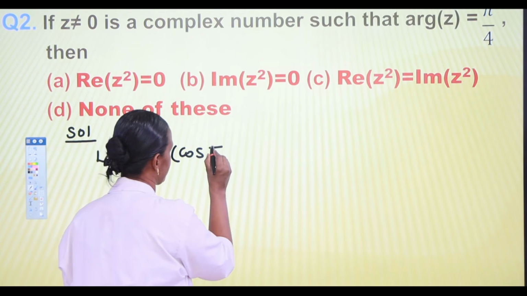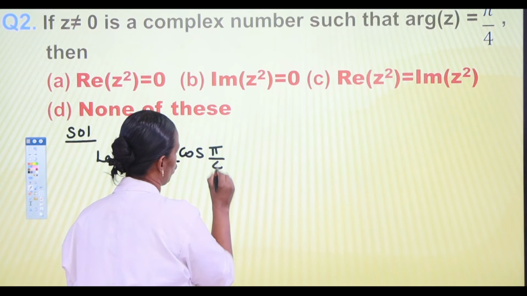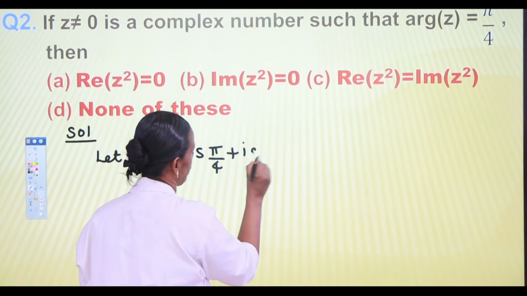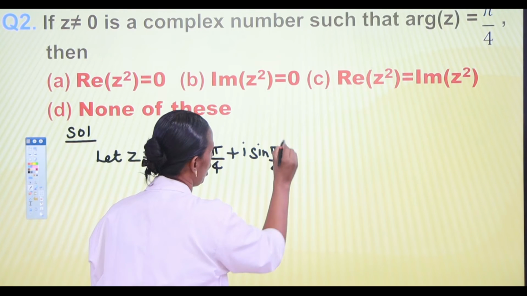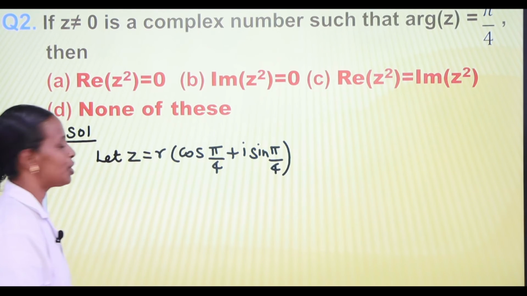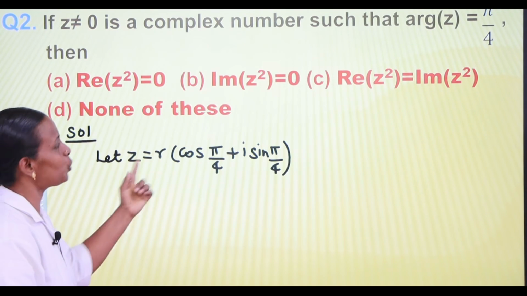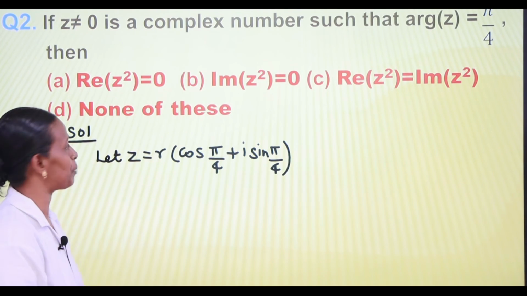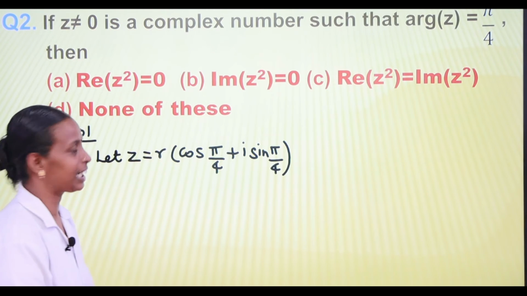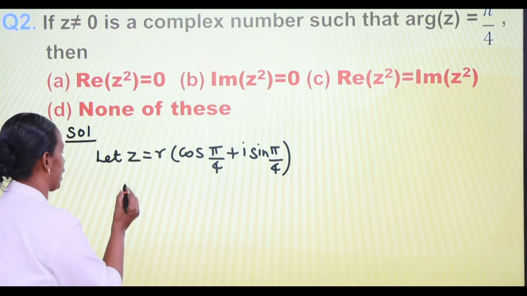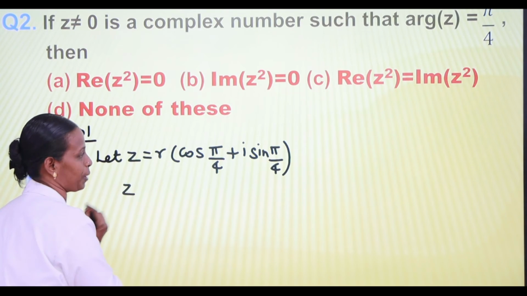So, you have to write here cos pi by 4 plus i sin pi by 4, because theta is nothing but the argument of the complex number. So, Z equal to R into cos pi by 4 plus i sin pi by 4. Now, we are going to find the corresponding terms. So, squaring, we are taking the power as 2 on both sides.